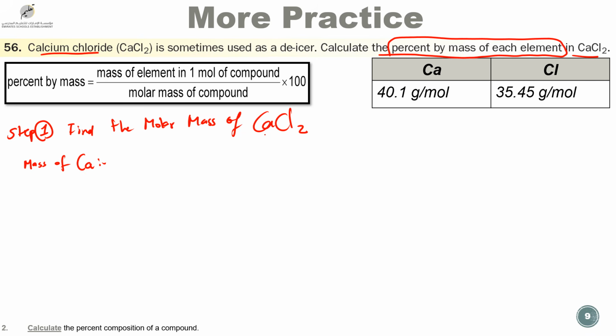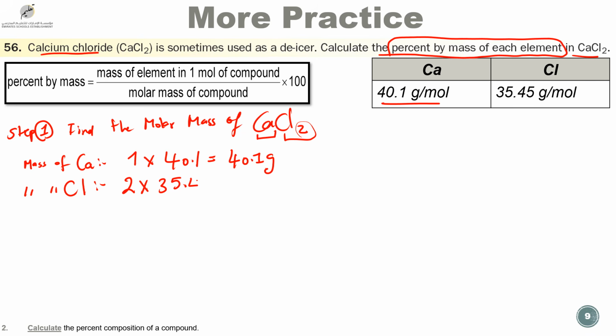How many Cas do we have here? 1, right? So 1 times 40.1, so it will be 40.1 grams. What's the mass of Cl? It will be 2 times, why 2? Because we have 2 Cl's here, times 35.45, so it will be 70.9 grams.